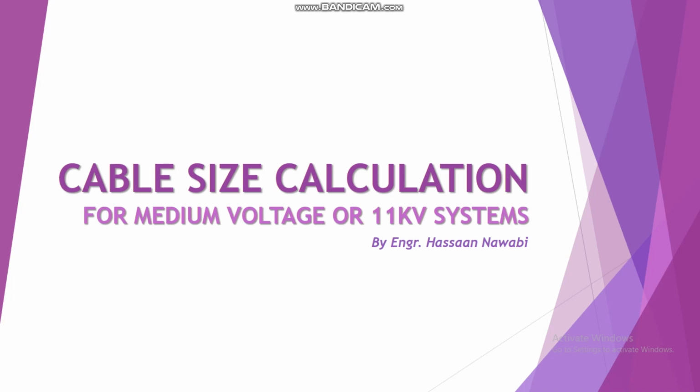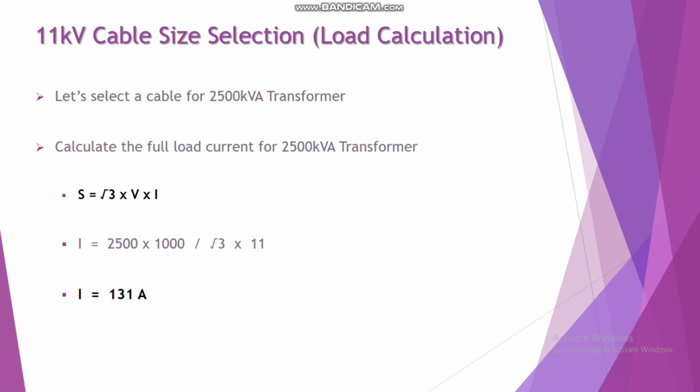Let's start our presentation. Before going to the details, I would like to set an example to make sure that you will understand the selection of cable in a better way. Let's take an example of a 2500 kVA transformer, and calculate the full load current for this kind of transformer with the help of the formula S equals root 3 VI.